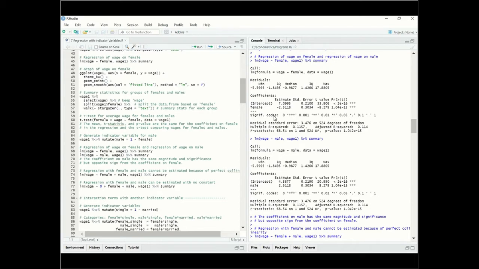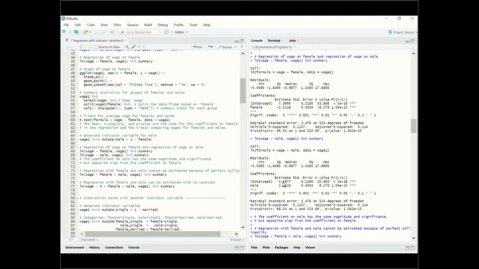And the reason for that is if we say in this regression that females are getting $2.51 lower wages than males, here we would be saying that males are getting $2.51 higher wages than females. Remember, because the reference category here for males is females, and the reference category for females is males. So that's why these have to be opposite results.